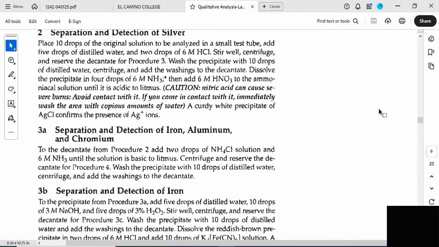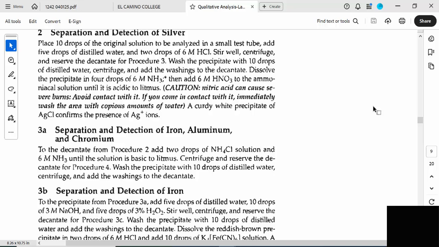So I'm skipping number 1, I'm going straight to number 2 here. Centrifuge and reserve the decantate. Okay, we're not going to filter this.